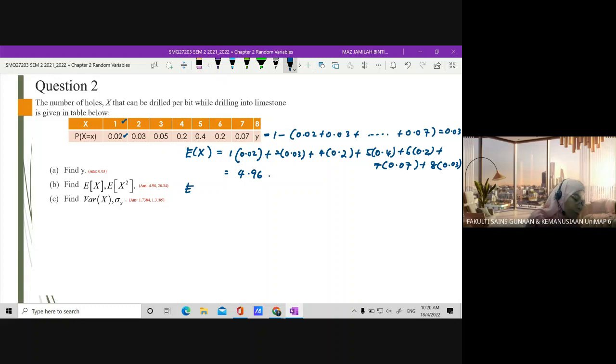Okay, so for x squared, you will get 1 squared times 0.02 plus 2 squared times 0.03 until 8 squared times 0.03.